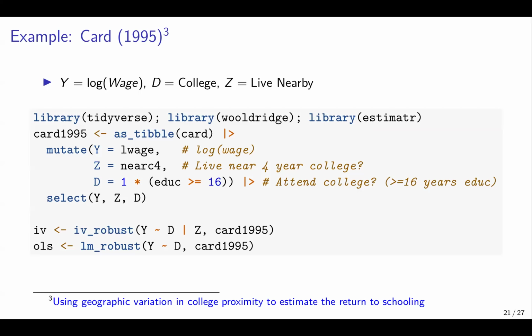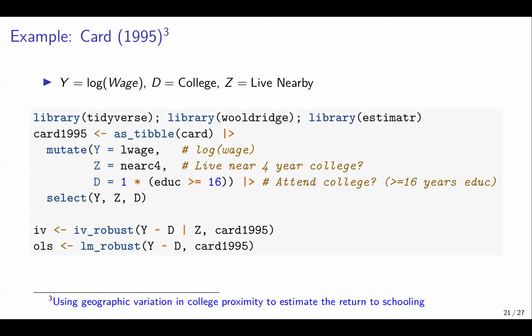If you don't know what that means, because we haven't talked about it yet, don't worry about it. I'm running IV, I'm running a linear model, and I'm going to compute the standard errors in a particular way because I want to match the paper. So here, my outcome variable, Y, is log wage. My Z is whether you live near a 4-year college.